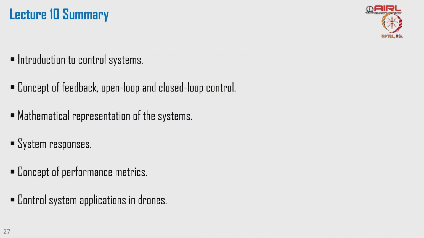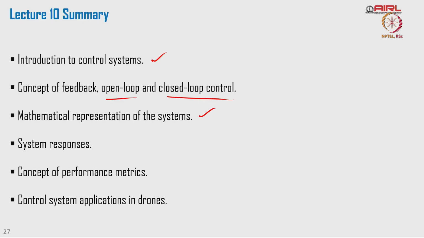Okay. So, in this lecture we covered the introduction to control systems, we discussed the concept of feedback, open loop and closed loop control, mathematical representation of the systems, system responses like unit step, unit impulse, then ramp and sinusoidal responses.